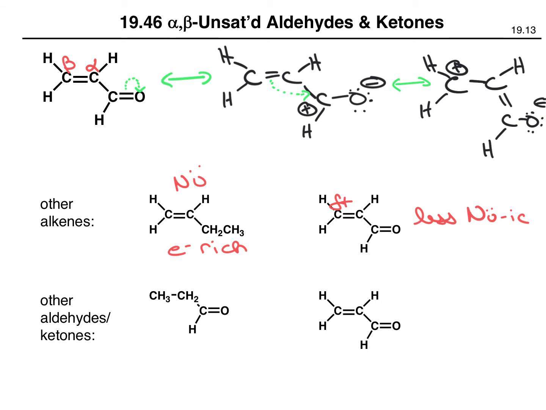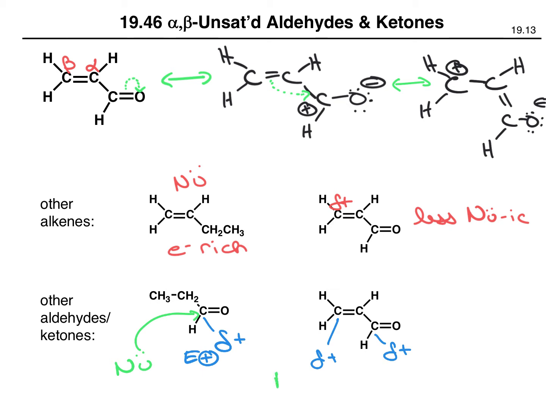When we think about an aldehyde or a ketone, we know that this carbon has a partial plus, and so it can act as an electrophile, as we've seen many examples where a nucleophile can share electrons with the carbonyl carbon. Well, in the case of a carbonyl that is conjugated to an alkene, we have partial plus character at this carbon and partial plus character at this carbon.